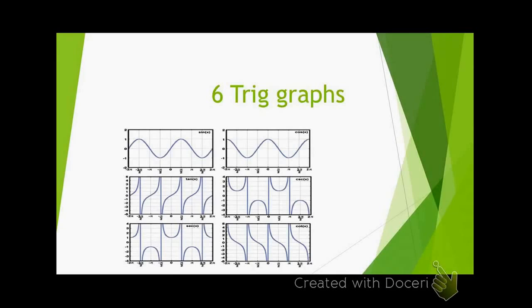Now, the one thing to really understand about trigonometry is that there are, in fact, pretty much 6 different versions of the trigonometry graph. These are the ones presented right here. As you can see, some represent different uses of trigonometry.